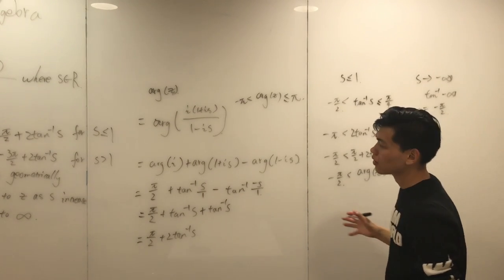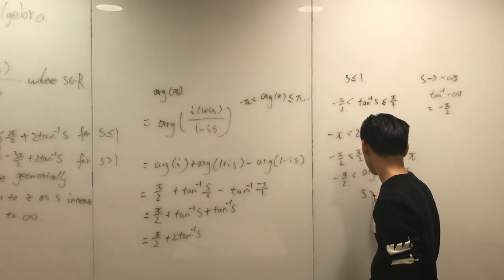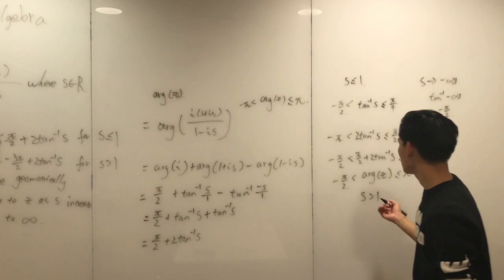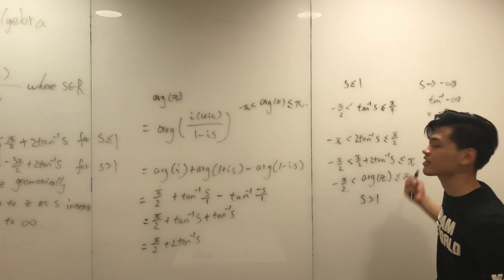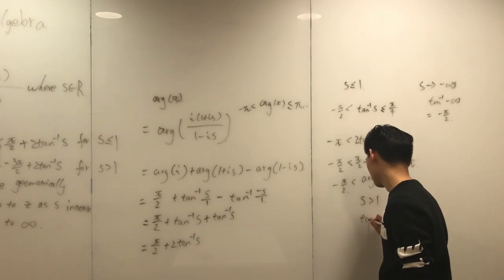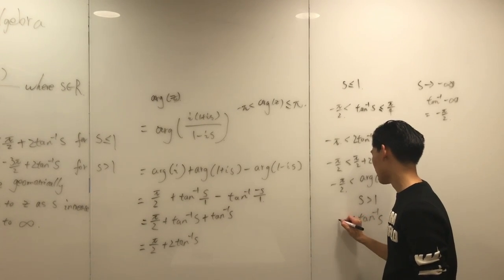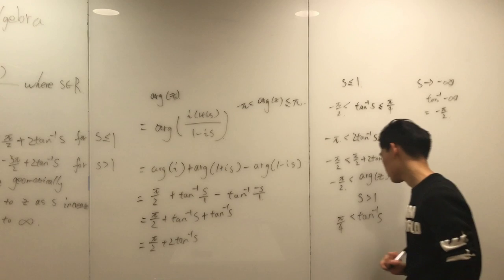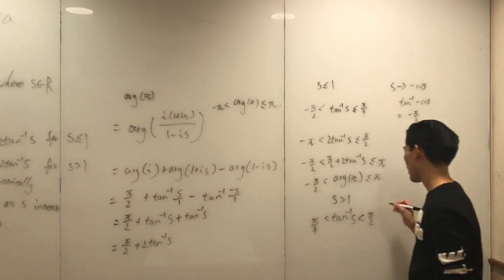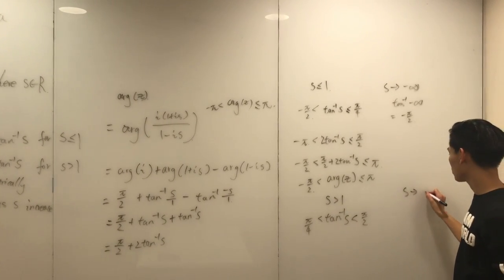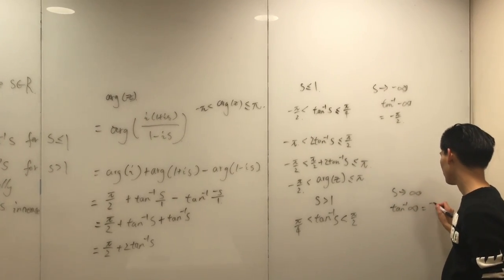Now let's look at the situation when s is bigger than 1. So what will the range of inverse tan s be? Obviously it will be bigger than pi/4, but less than pi/2. Why? Because when s goes to infinity, inverse tan of infinity goes to pi/2.